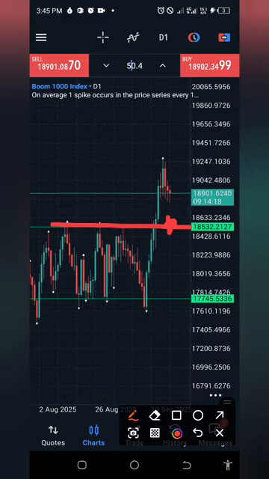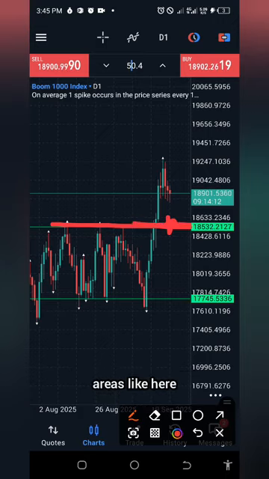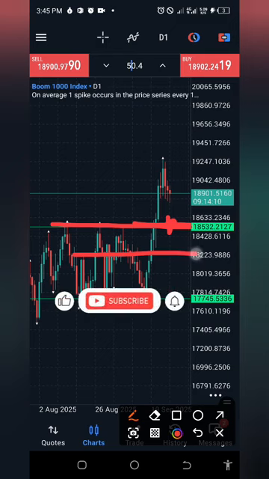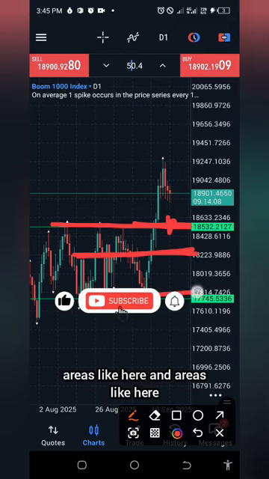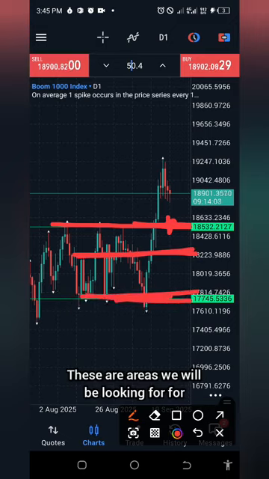So that's what we wait for. So we'll be looking for buys around areas like this, areas like here, areas like here, and areas like here. Okay, so these are areas we'll be looking for a buy entry.